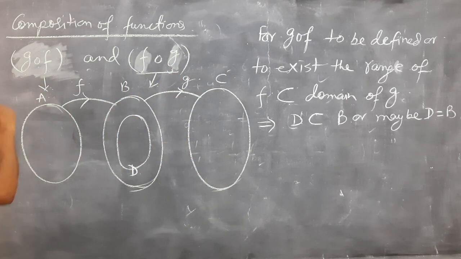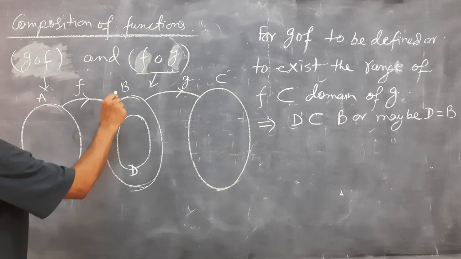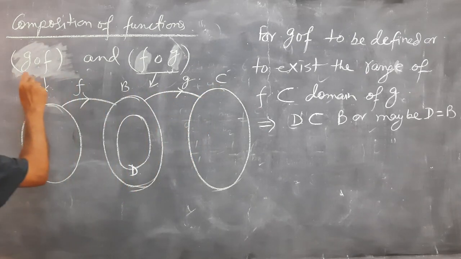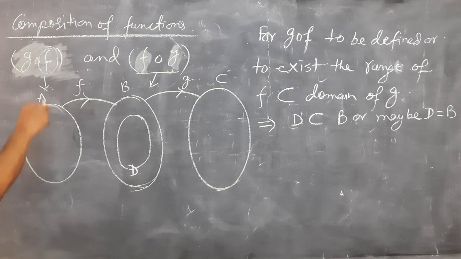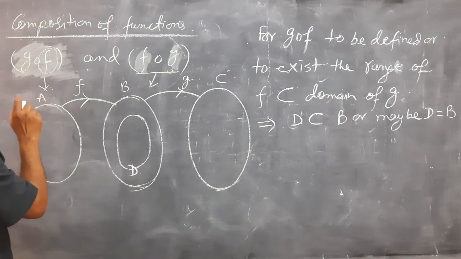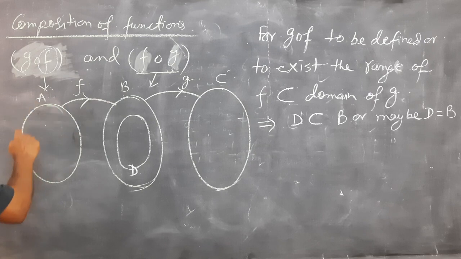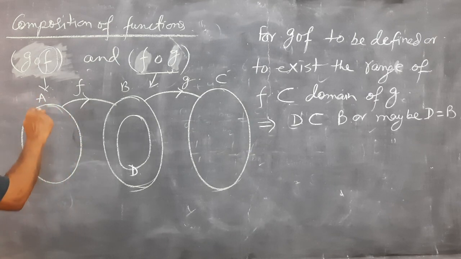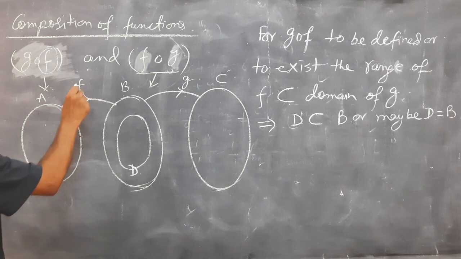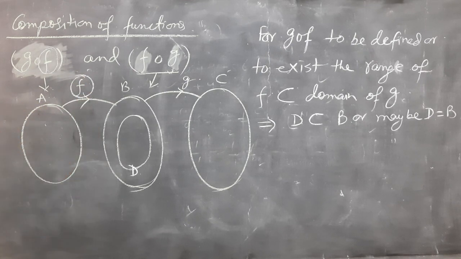Let me first tell you the meaning of this GOF. Suppose we are considering three sets, capital A, capital B, capital C. First of all, this function f will be operated on this capital A, that is, the images of all the elements of capital A will be taken under the function f.